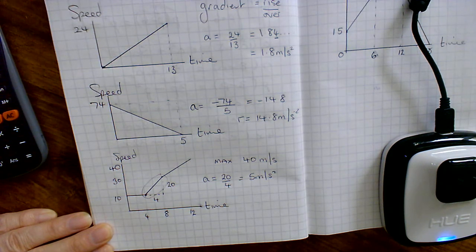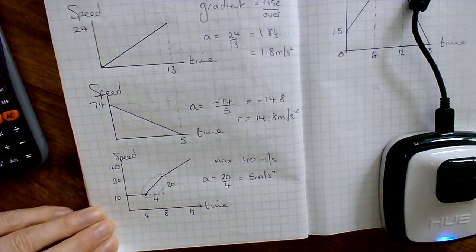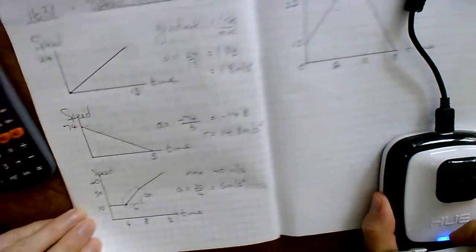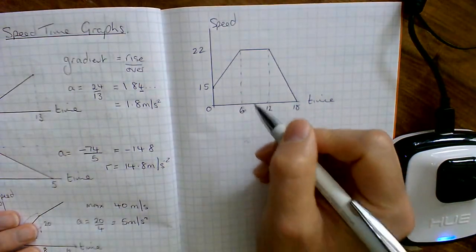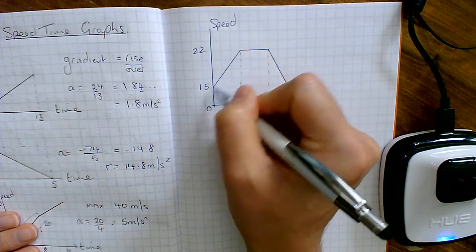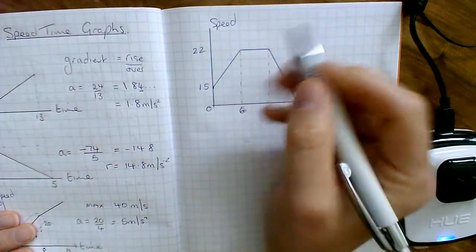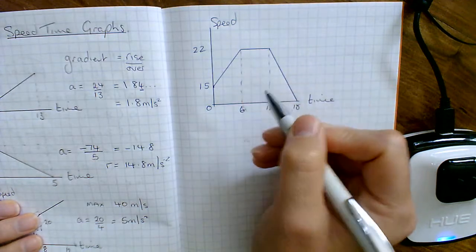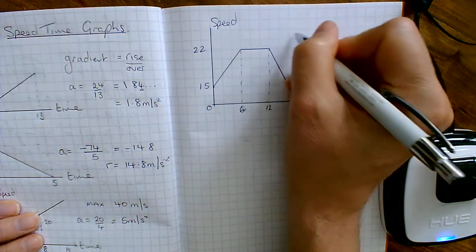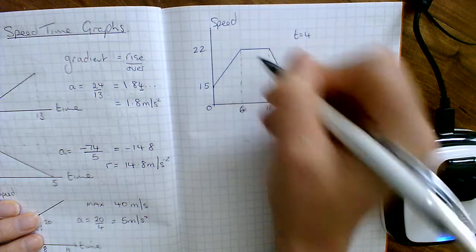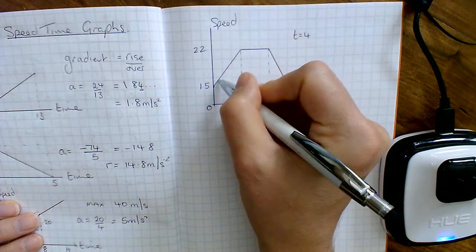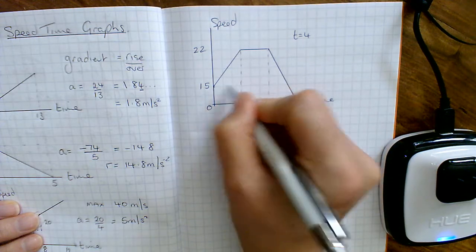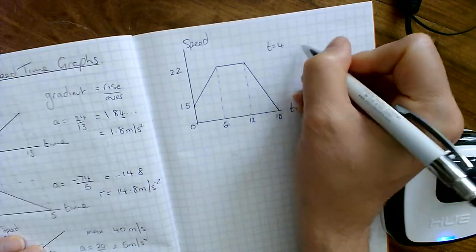Let's have a look at the second lot. So on the second lot, I've got the graph again, and my first question is, what's the acceleration when the time equals 4? Now notice it's all the same line, so I can just do the whole thing. I'm just concentrating on the whole graph because the gradient stays the same all the way. So when t is 4, the gradient is the same as there. So the run is 6. I go 6 across.